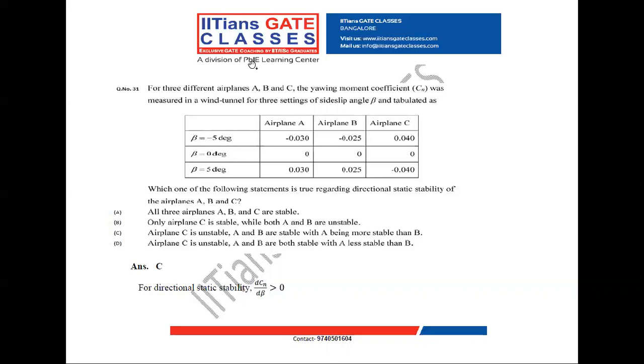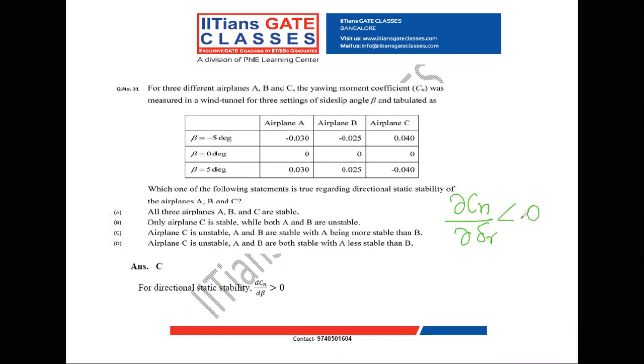For an airplane to be stable, we have to know the stability criteria. That is, for directional stability, ∂Cn/∂δR, where δR is the rudder deflection, or in some textbooks ψ, should be less than 0, or ∂Cn/∂β should be greater than 0, where β is the sideslip angle.